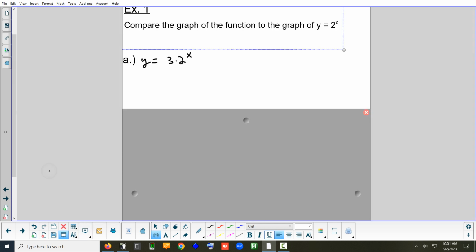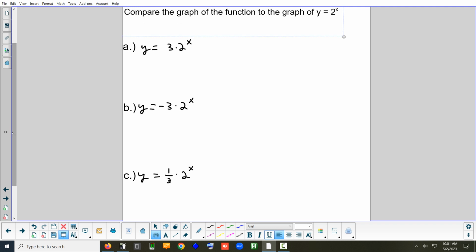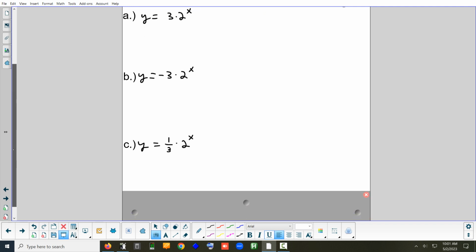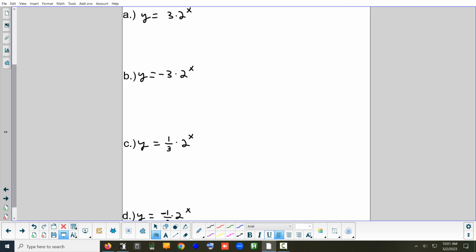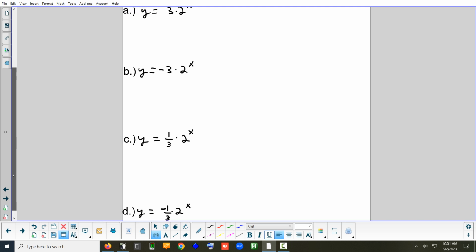All right, so let's go like this. We've got y equals 3 times 2 to the x, negative 3 times 2 to the x, 1/3 times 2 to the x. Can I get the last one? The last one is y equals negative 1/3 times 2 to the x.